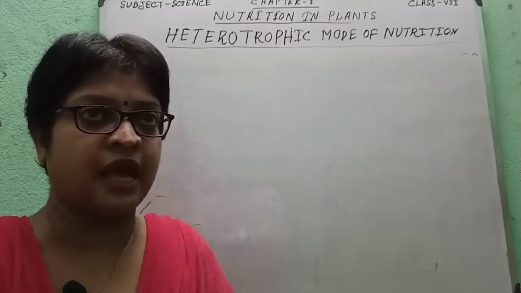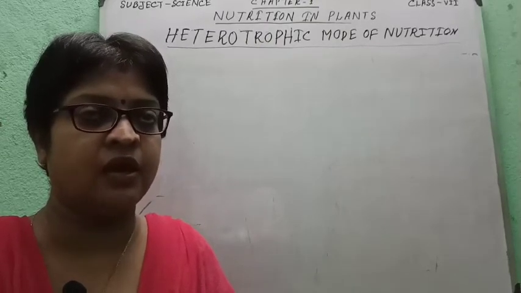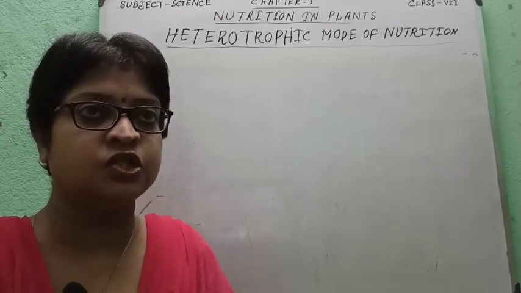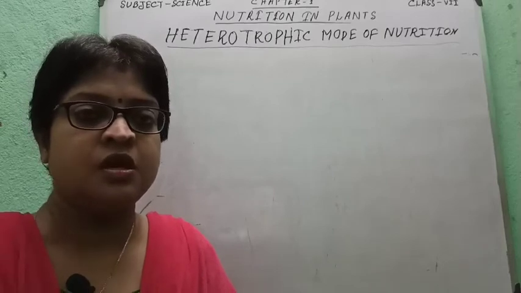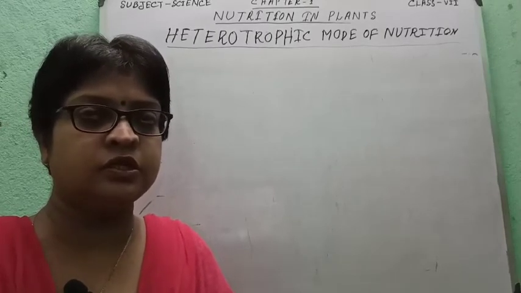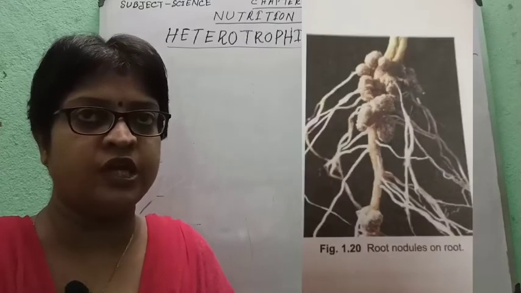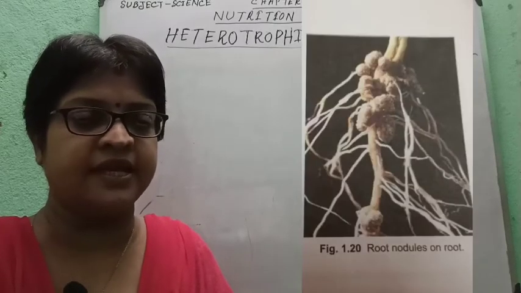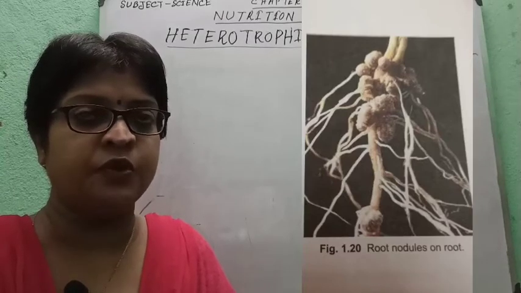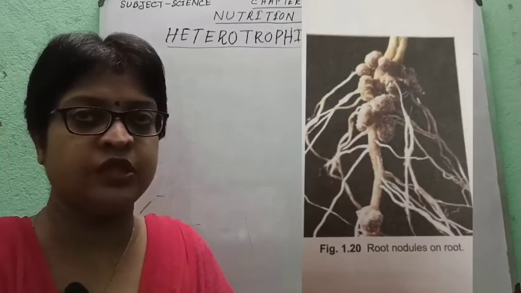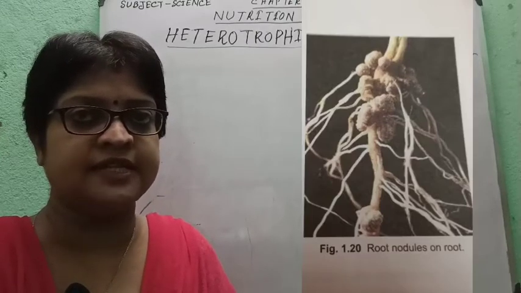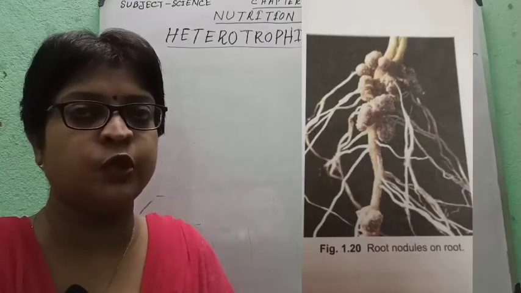Let's discuss a natural way of replenishing nitrogen in the soil. Rhizobium bacteria live in the nodules of the roots of leguminous plants and enrich the soil with nitrogen and provide nitrogen to them. In return, plants provide shelter and food to the bacteria.